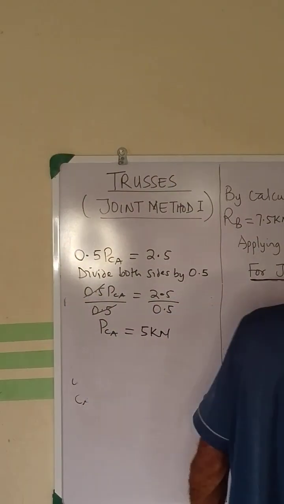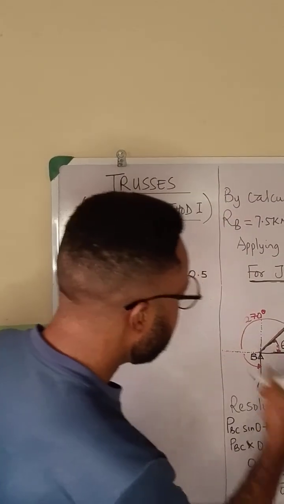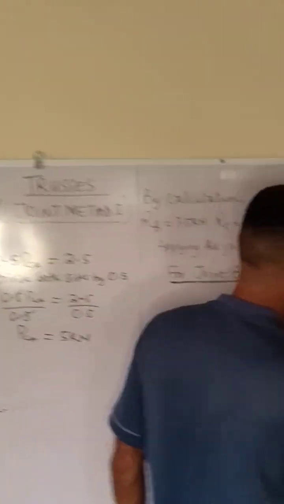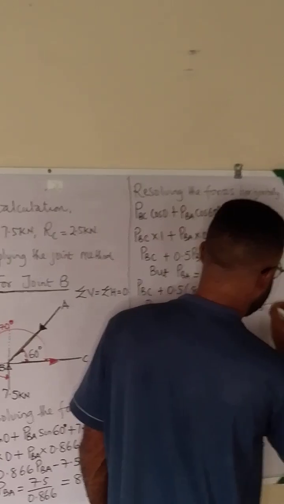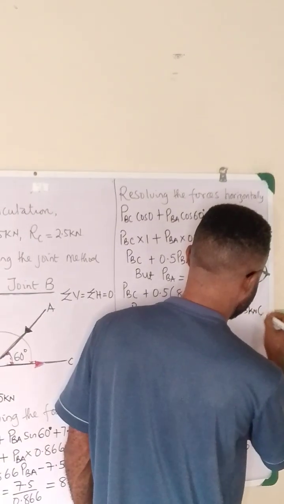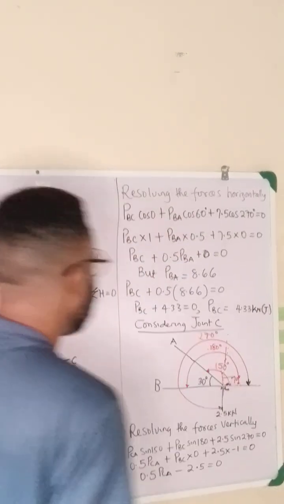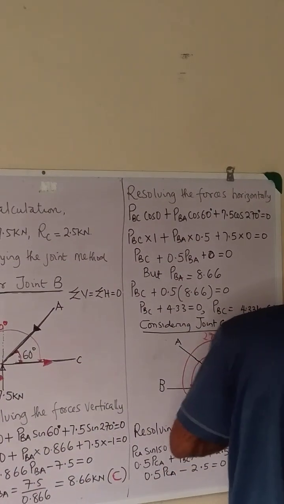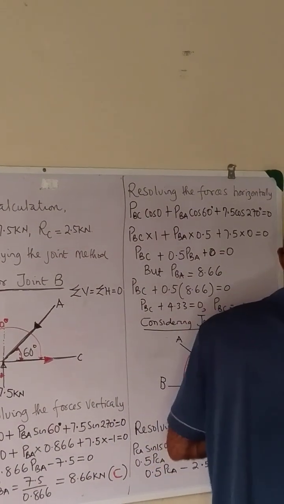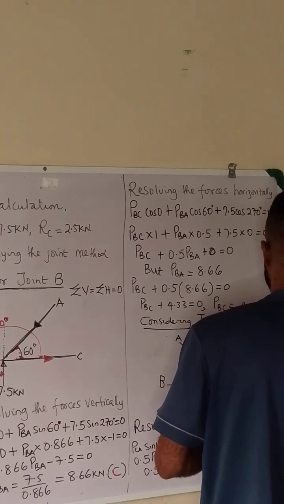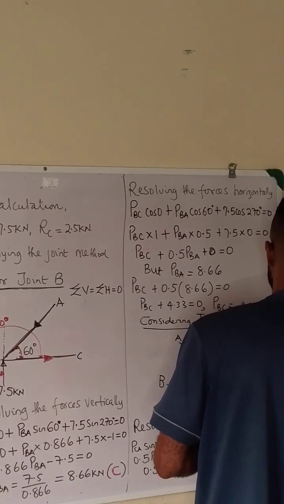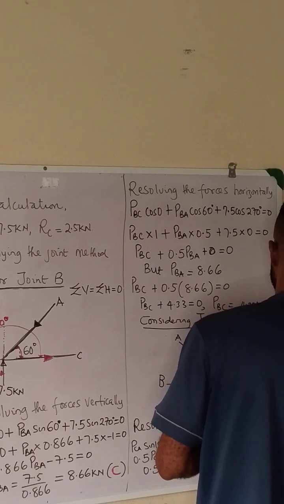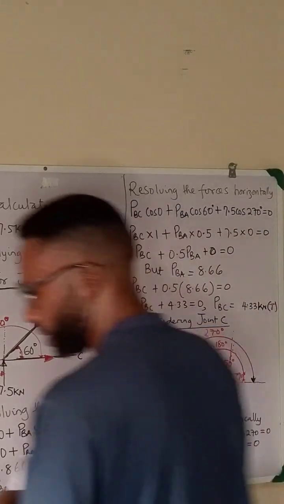Okay, let's check kilonewton. So 5, oh, we should have had kilonewton here before the tension. Let me use a red marker for it. So tension, because the answer was negative.